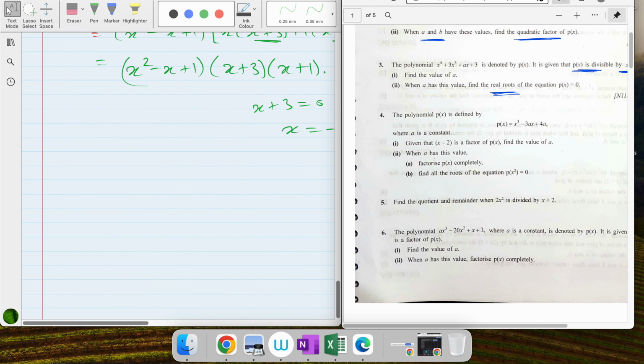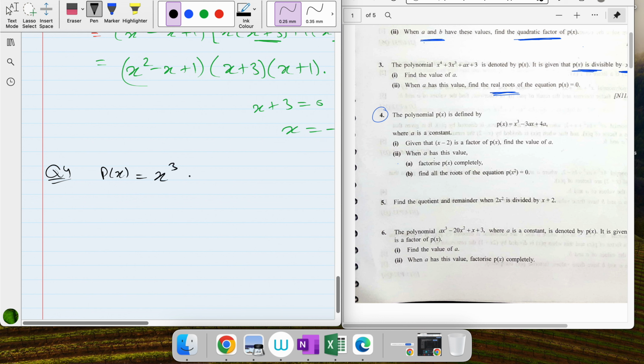Any confusion? Okay, question number 4 says the polynomial p of x is defined by x cube minus 3ax plus 4a, where a is a constant, given that x minus 2 is a factor. So if x minus 2 is a factor, the remainder should be equal to 0.